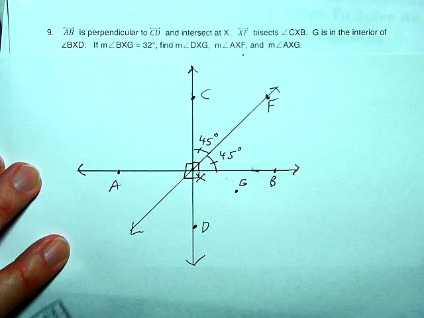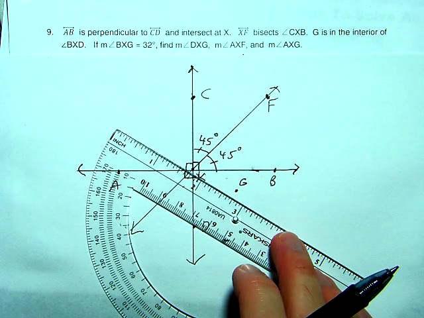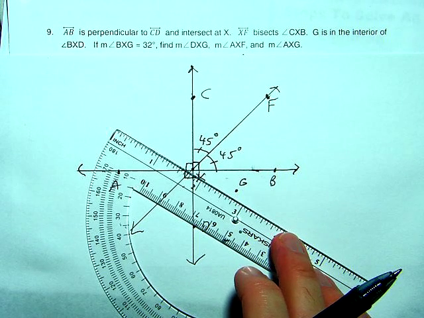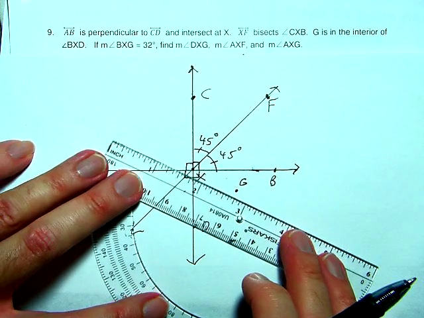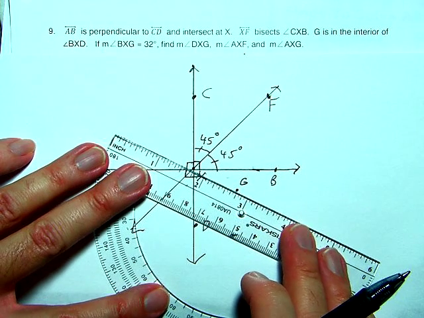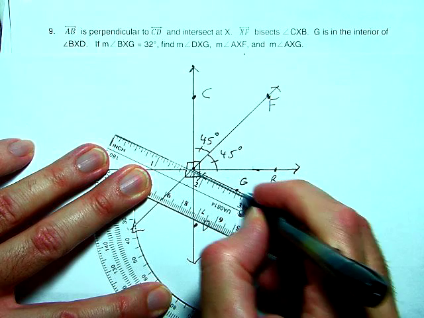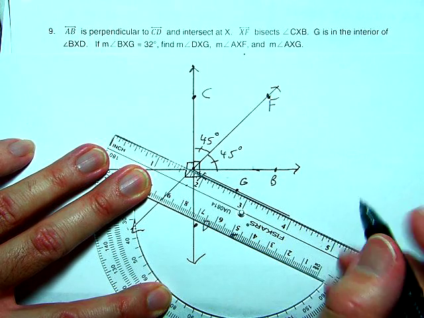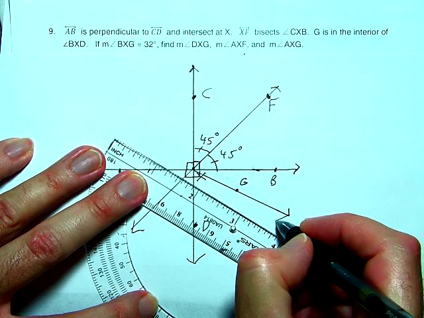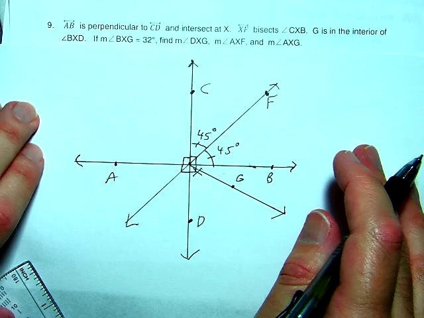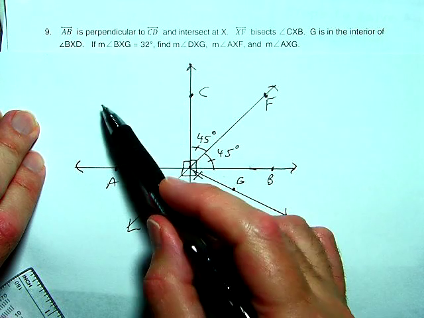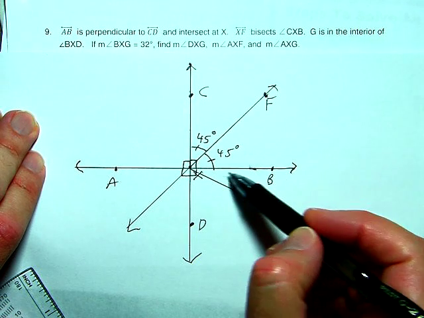So we've got to take our straight edge and create that angle by joining X and G together, creating a ray XG.